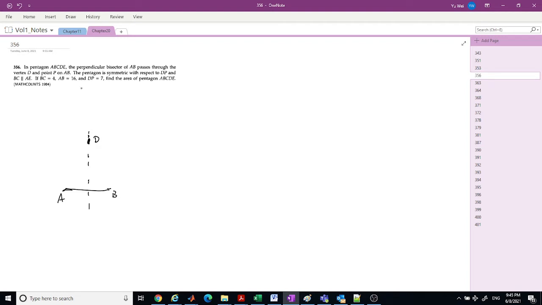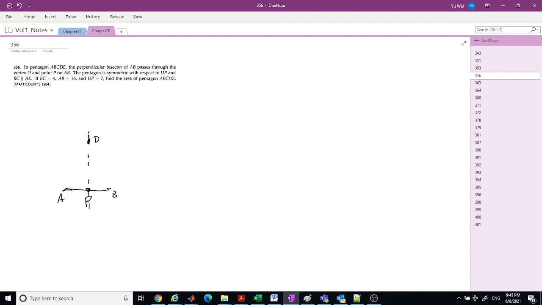Then point P is on AB. The pentagon is symmetric with respect to the line passing through D and point P on AB. Okay, point P is on AB.